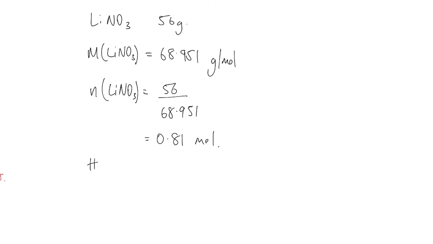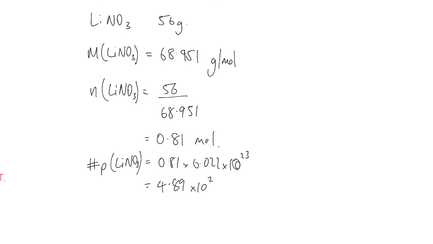And then I can work out the number of particles from that as 0.81 times 6.02 times 10 to the 23, which is 4.89 times 10 to the 23 particles.